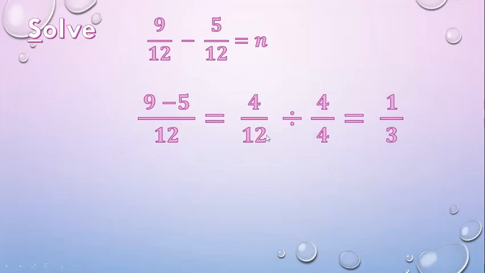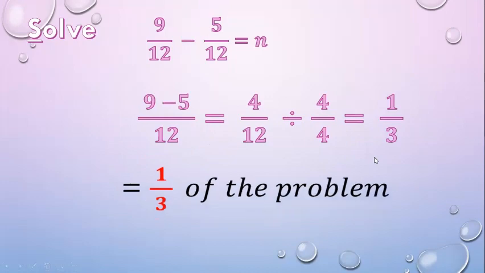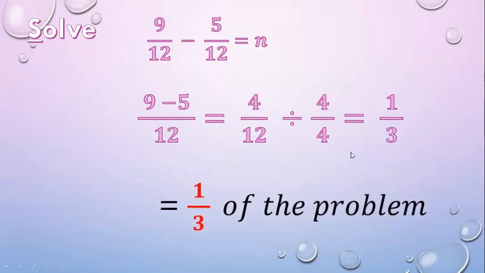And since 4 and 12 is not simplified, the GCF of 4 and 12 is 4, which will be divided to both numerator and denominator. 4 divided by 4, 1. 12 divided by 4 is 3. So our final and simplified answer is 1/3 of the problems.